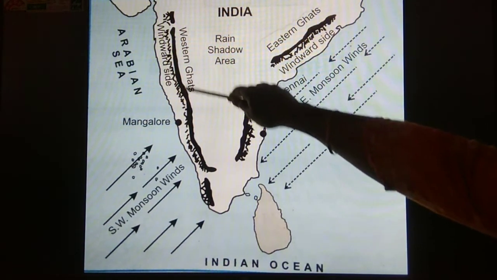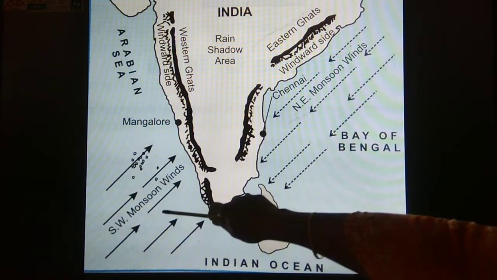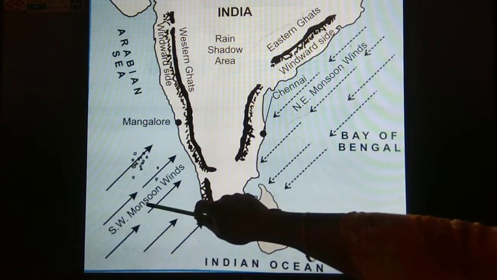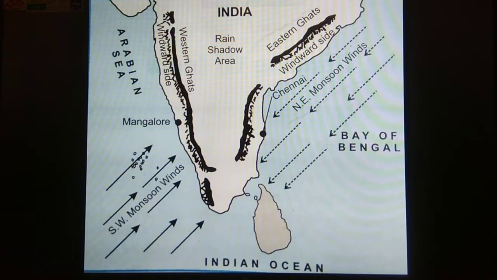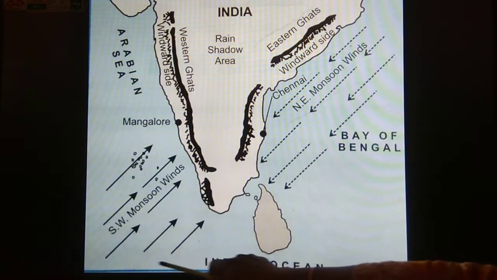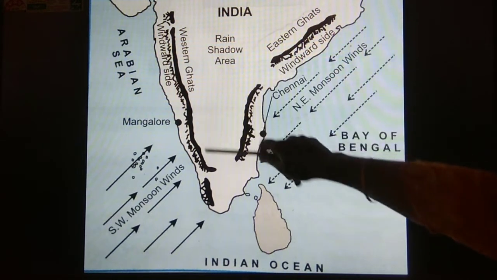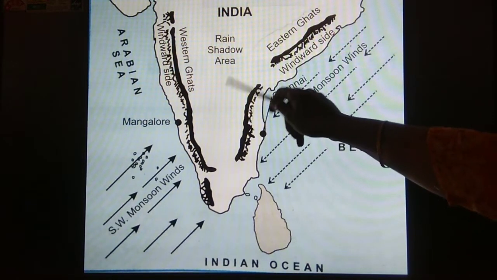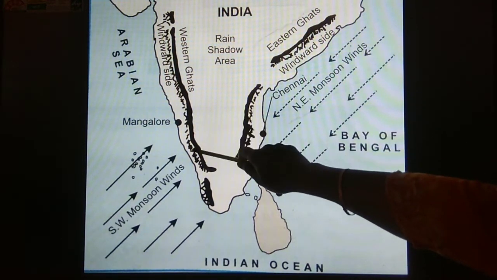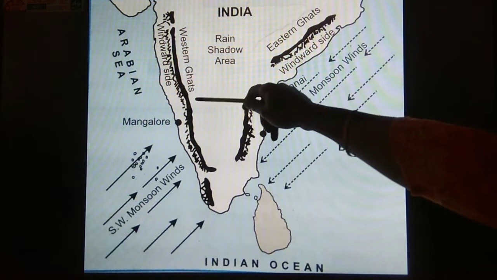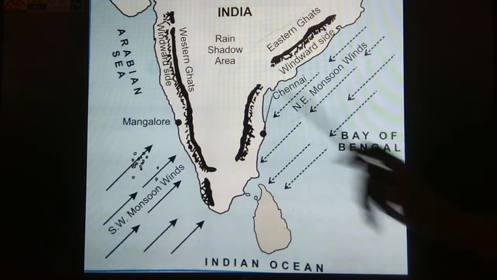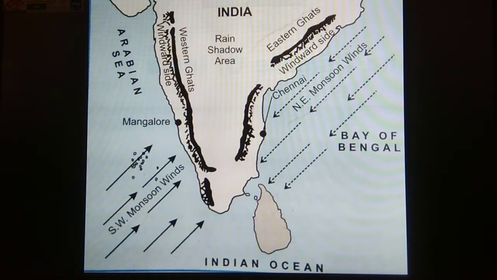Because the Western Ghats stand in the way of the southwest monsoon wind, which is coming from the Arabian Sea. On the other hand, the Deccan Plateau, which is the center of India, lies on the leeward side or rain shadow area of the Western Ghats, and that's the reason the Deccan Plateau receives very little rain.